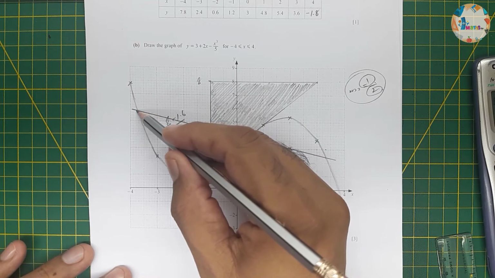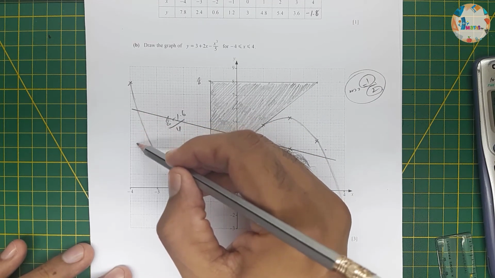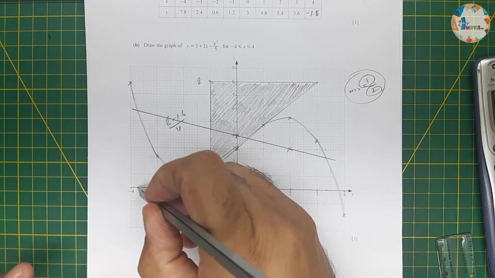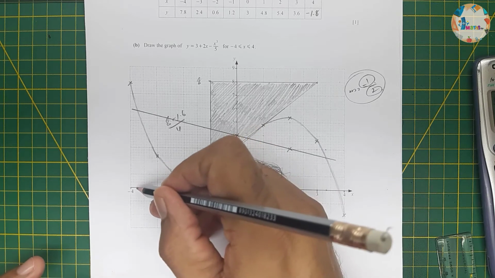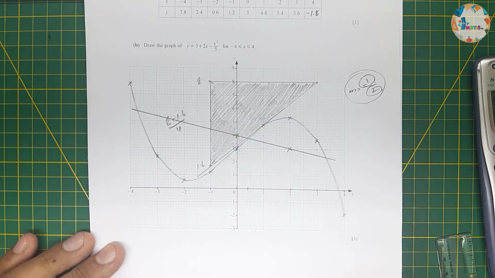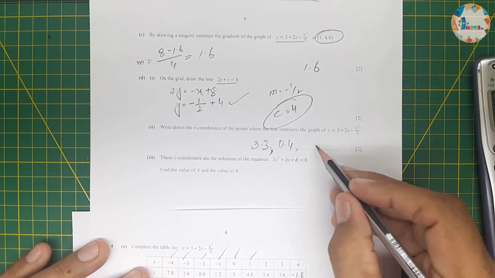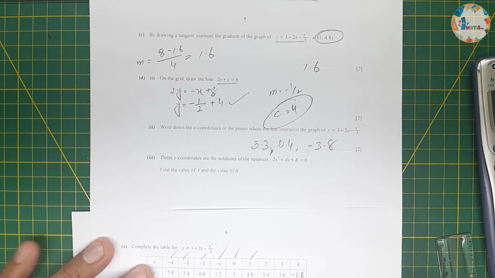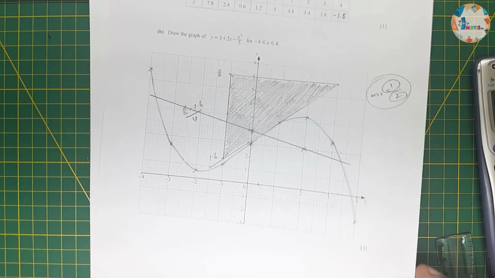The x value is over here, minus 3.8. This is done. All three values we have taken from this graph.